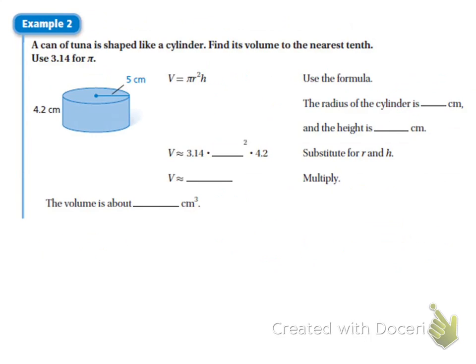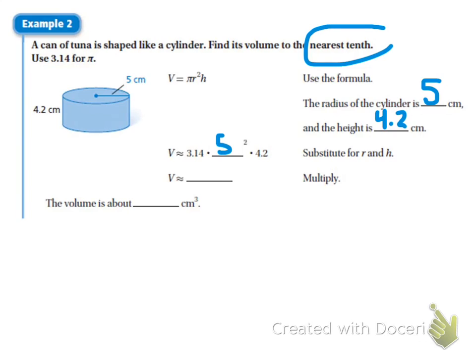Okay. A can of tuna is shaped like a cylinder. Find its volume to the nearest tenth. So we're going to use 3.14 for pi. Key is find it to the nearest tenth. This is also going to be on your test and on FCAT. The radius of the cylinder is 5 centimeters, and the height is 4.2 centimeters. So we're going to use our formula, pi times radius squared times height. So what's 5 times 5? 25.